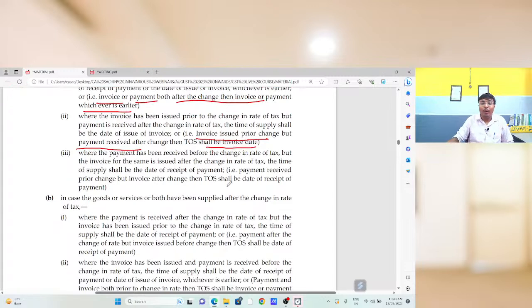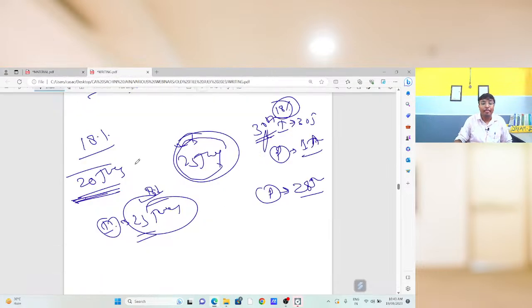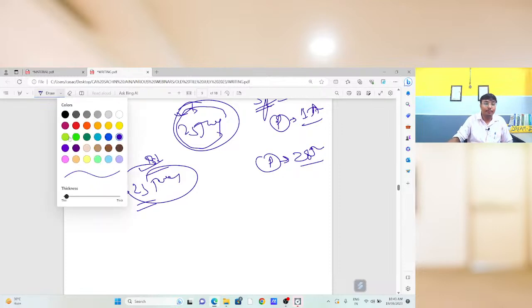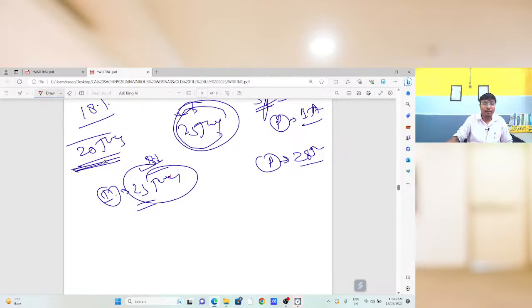Next situation, when the payment is received prior, but the invoice is after the change of rate, in that case, the date of receipt of payment. Suppose in this example, 20th July is my supply date. The invoice date is 29th July, but I had received the payment on 23rd July.